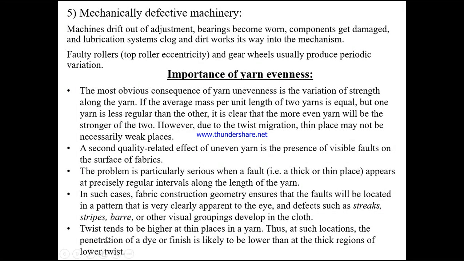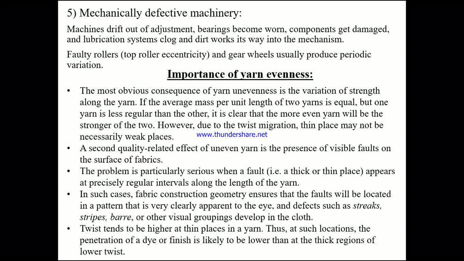The twist tends to be higher at the thin places in a yarn. Thus, at such locations, the penetration of dye or finish is likely to be lower than at the thick regions of lower twist. Due to the higher twist in the thin places, the absorption of dye will be lesser there and much better in the thick places.